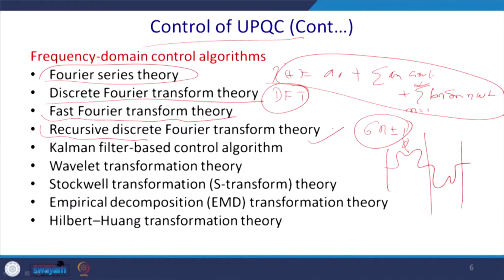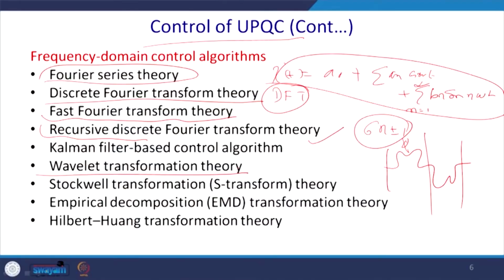Same way we can use, in the digital domain, a Kalman filter based algorithm to estimate the voltage and current components of the frequency. Another is the wavelet transformation theory that I was discussing. It is gaining popularity quite rapidly in the power system domain.